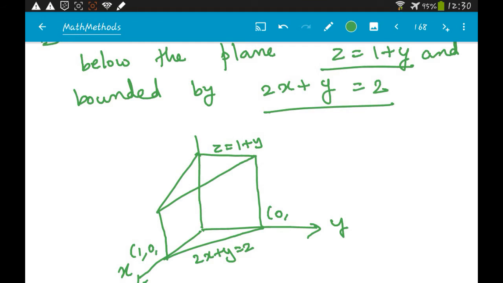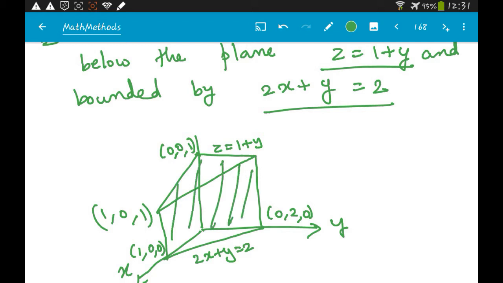So this is 0, 0, this is 0, 2, 0, and this one is 0, 0, 1, right? And this one is 1, 0, 1. Okay, so we want to find the volume of this solid.